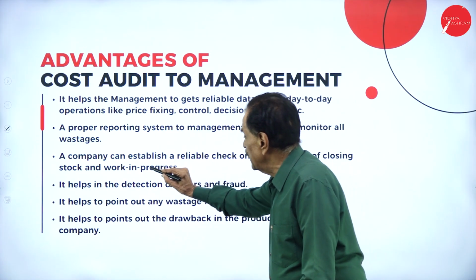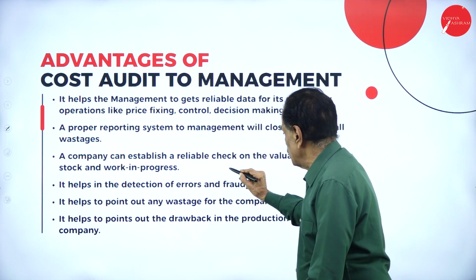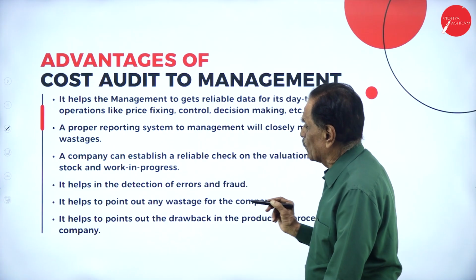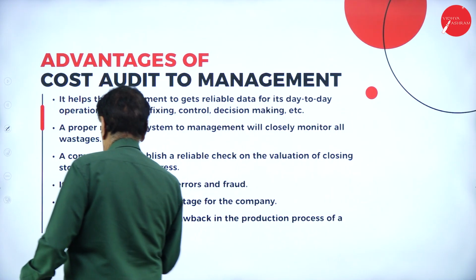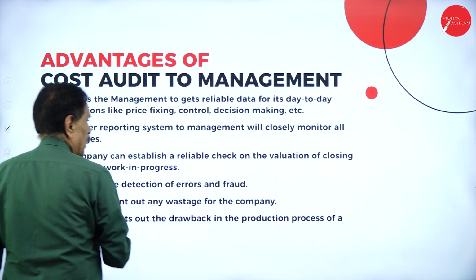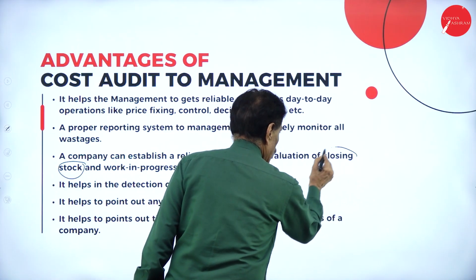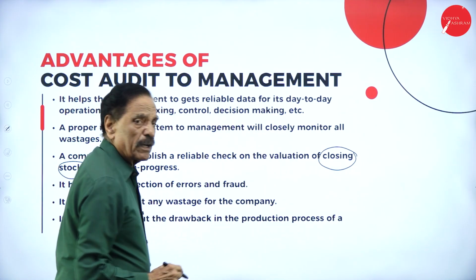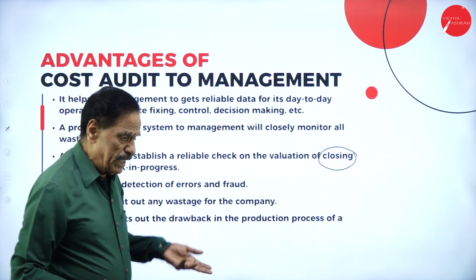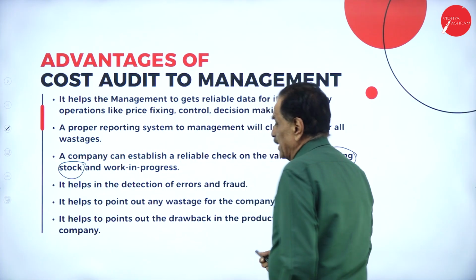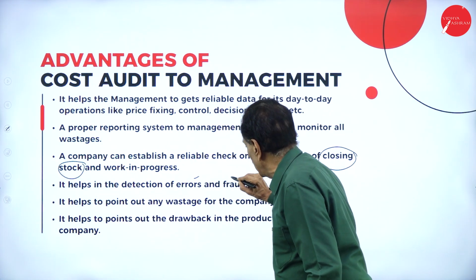A company can establish a reliable check on the valuation of closing stock and work in progress. So we have to find out what closing stock means, unsold stock, and work started but not yet completed, work in progress. It helps in detection of errors and fraud.